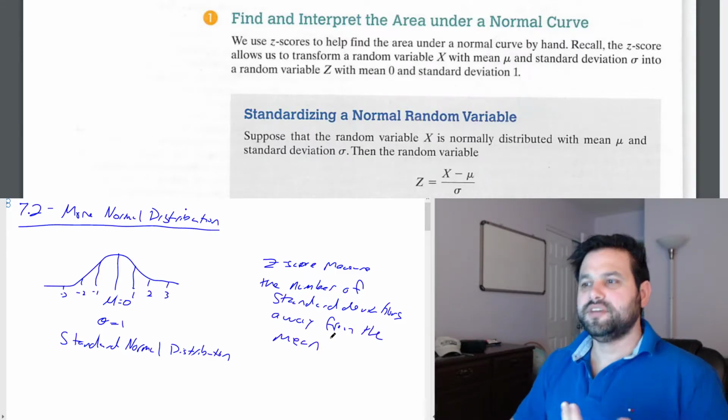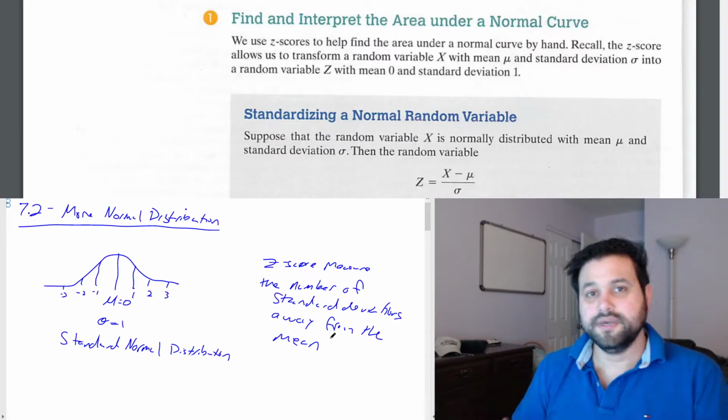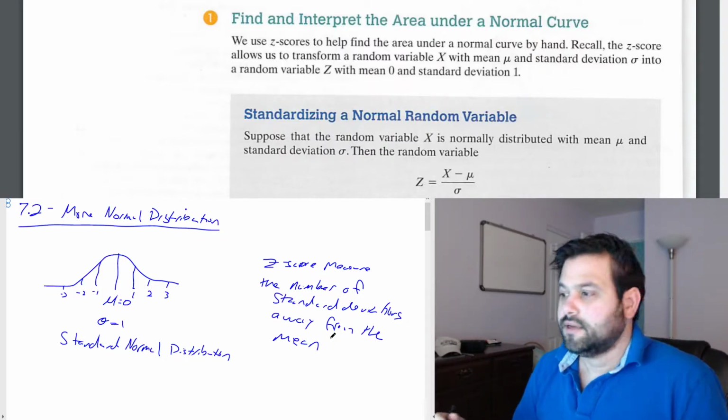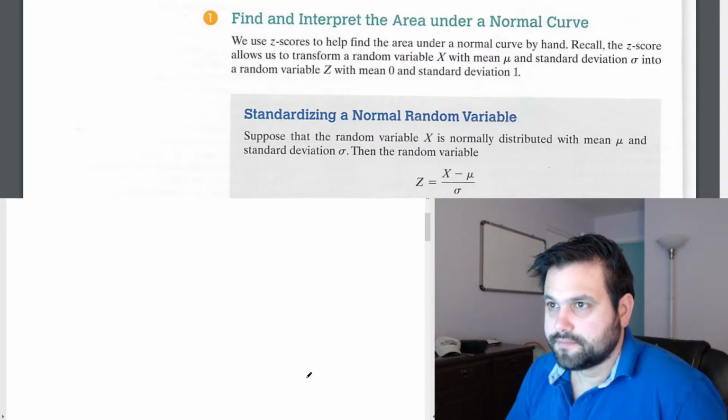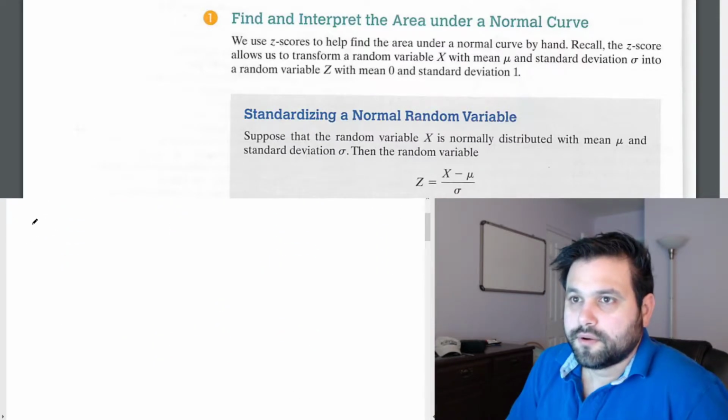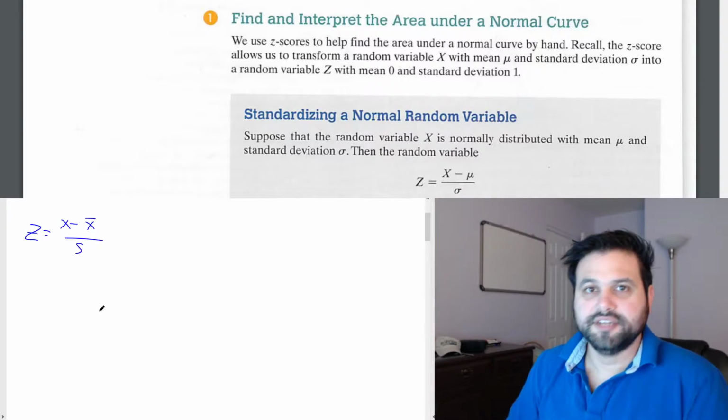The number of standard deviations a certain value is away from the mean. So the formula for z-score was z equals x minus x bar over standard deviation.